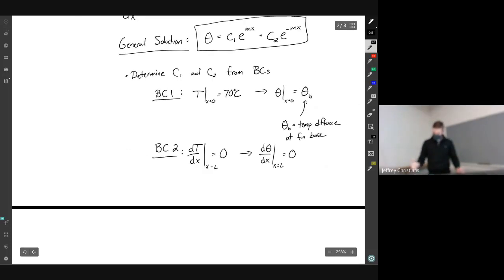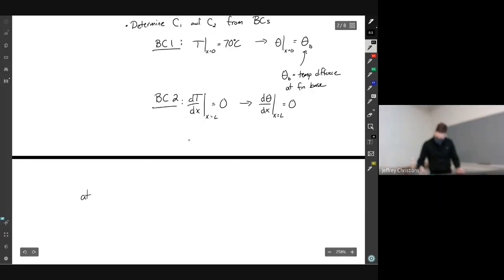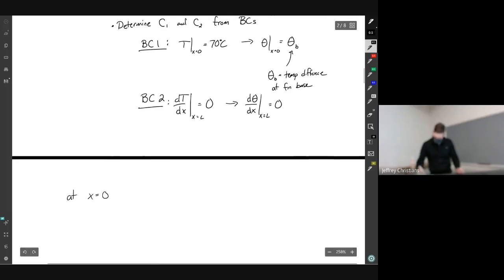So at x equals 0, we'll use BC1. Theta B was C1 e to the 0 plus C2 e to the 0.